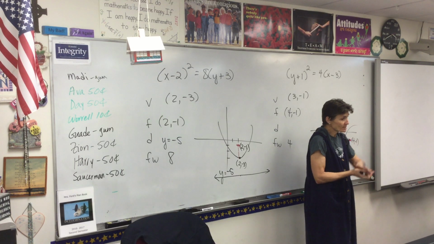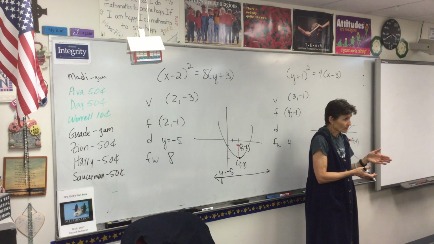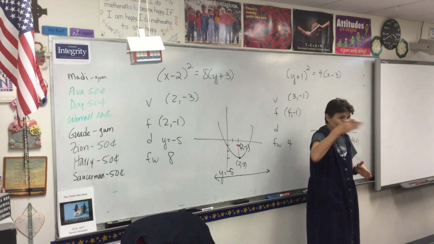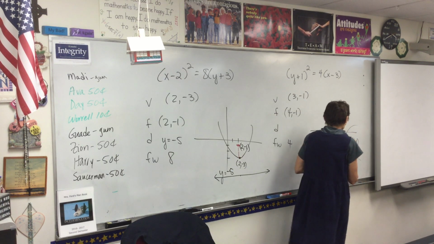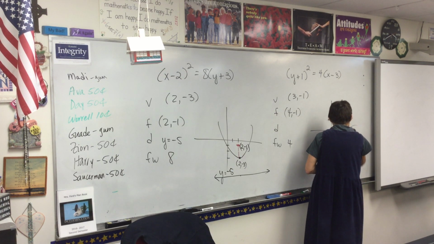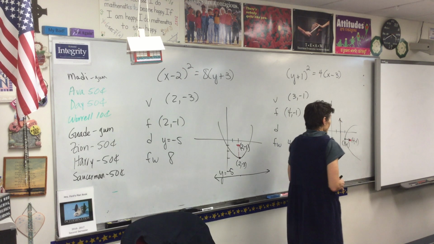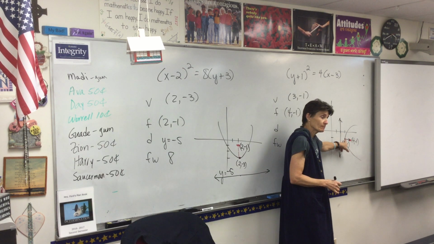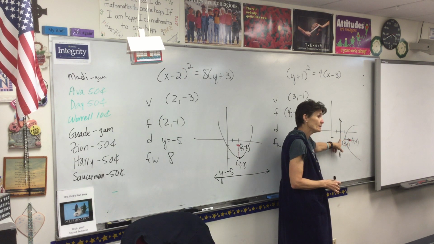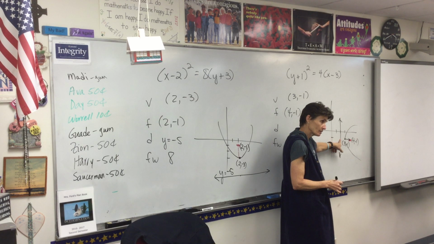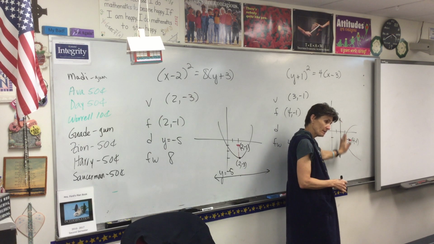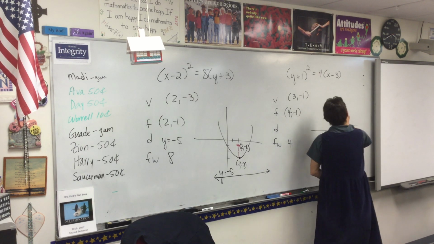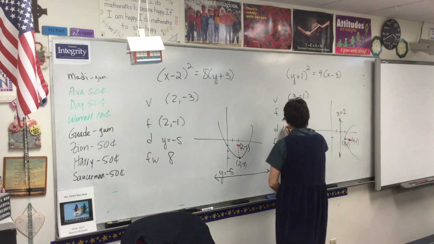Now, if I went 1 step to the right for my focus, I'm going to go 1 to the left. If you start right here and go 1 to the left, where are you going to be? X equals 2. And that's your directrix.